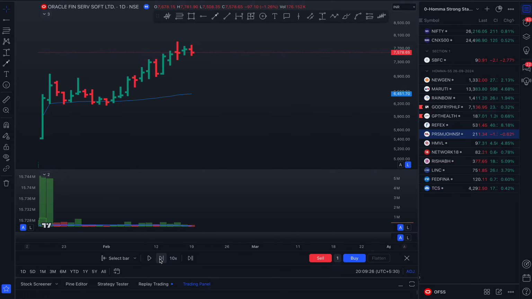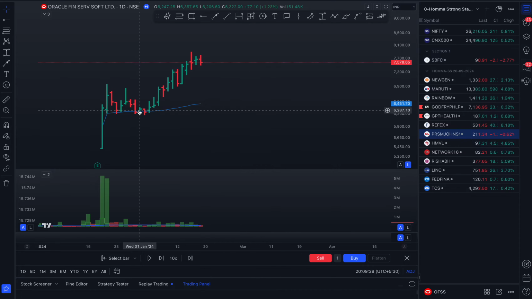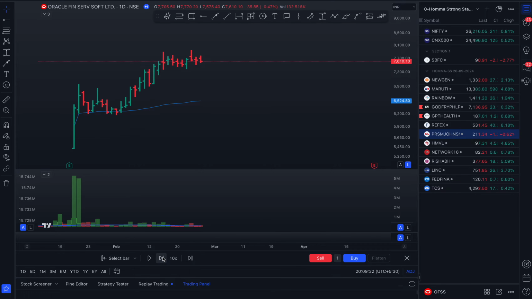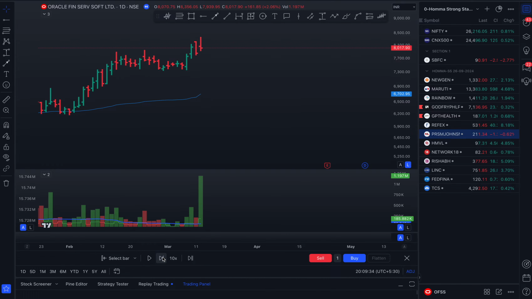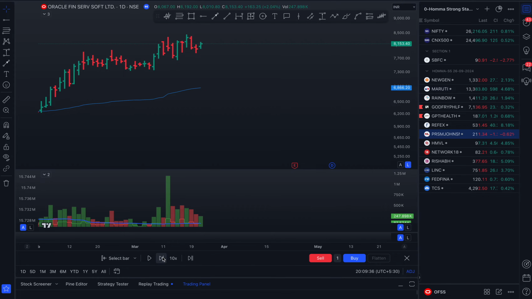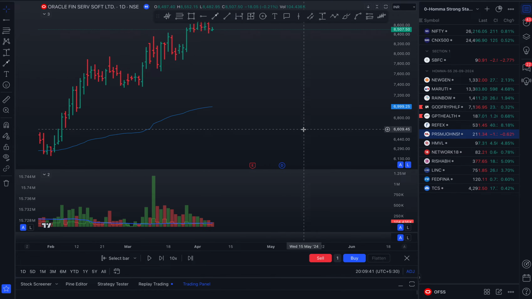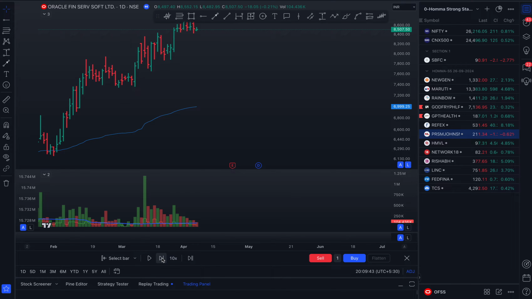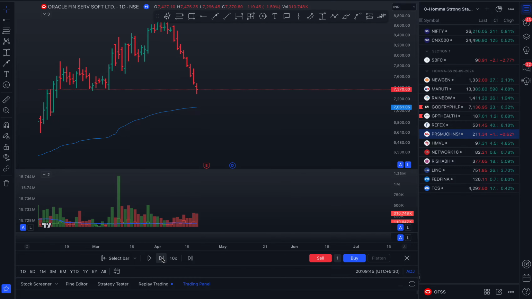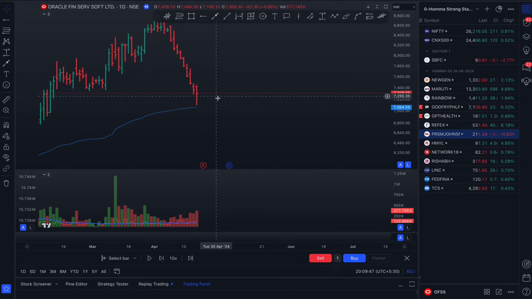And if that is the case, because a strong stock which is going up, when it pulls back, the propensity that the AVWAP will work as a support is very high.